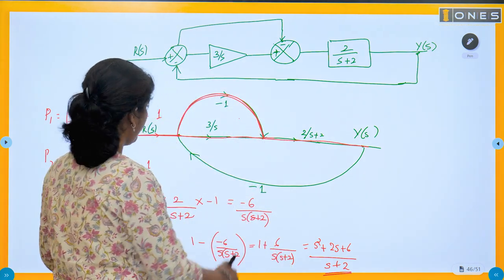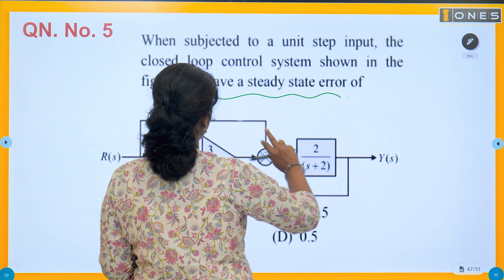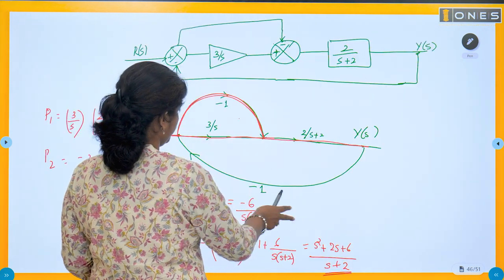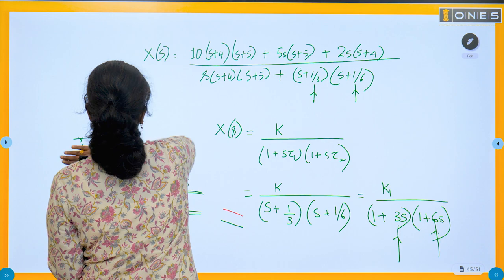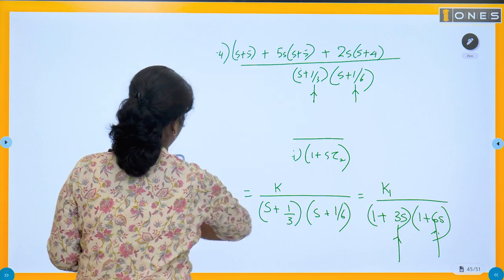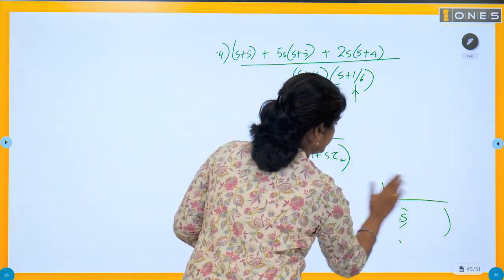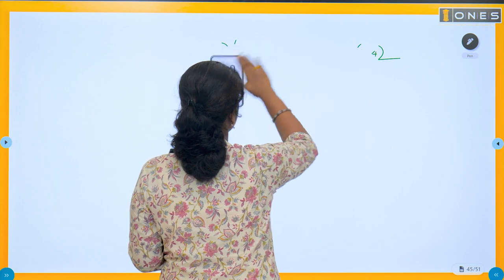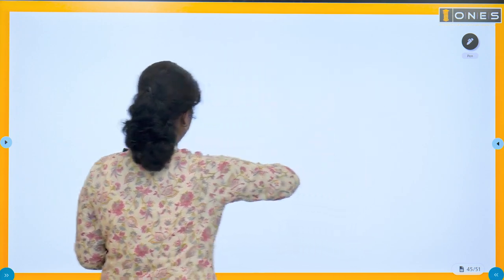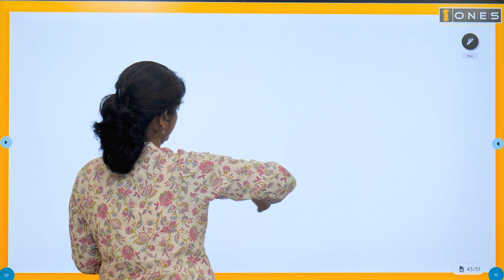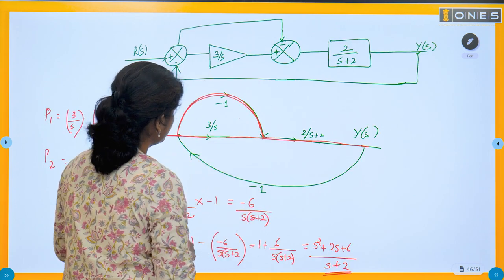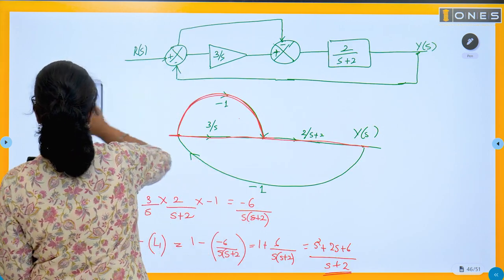So when we deduce Mason's gain formula, sorry, I'll just rub it off here.